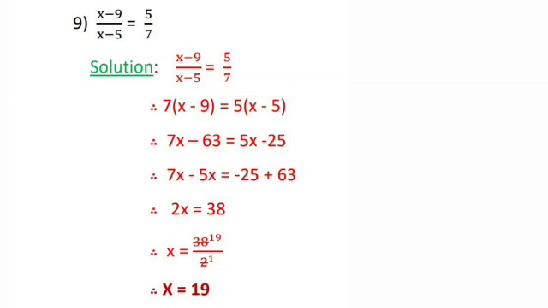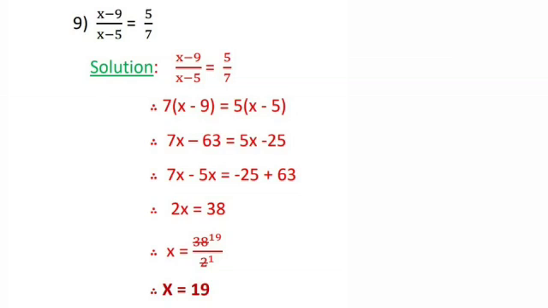Now you will bring 5x to your left hand side and you will take minus 63 to your right hand side. So therefore 7x minus 5x is equal to minus 25 plus 63. 7x minus 5x is 2x is equal to minus 25 plus 63. Minus into plus is minus.